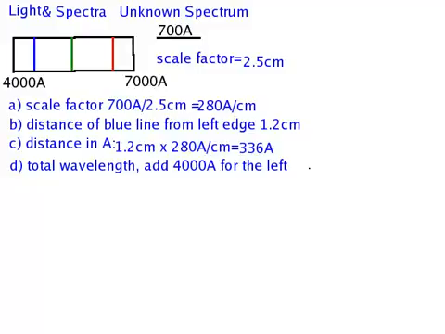Okay, and that would get us 4,000 plus 336. So that would be 4,336 angstrom. Okay, so that would be the absolute wavelength of the blue line.